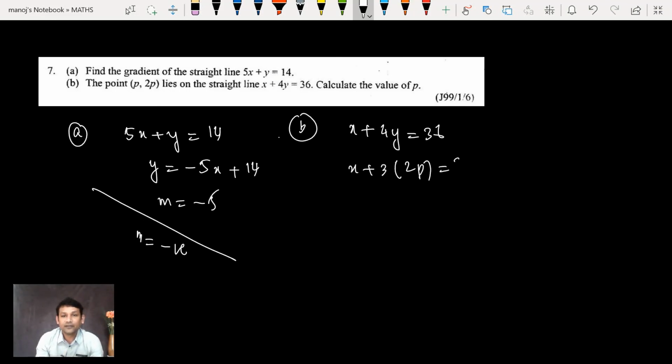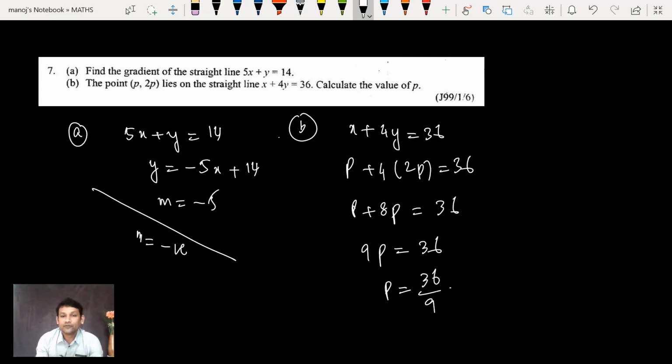So p plus 4 times 2p, 4 times 2 is 8p, that's why p plus 8p is coming 9p, equal to 36. And p is coming 36 upon 9, which is 4. So the value of p is 4, and we have done it.